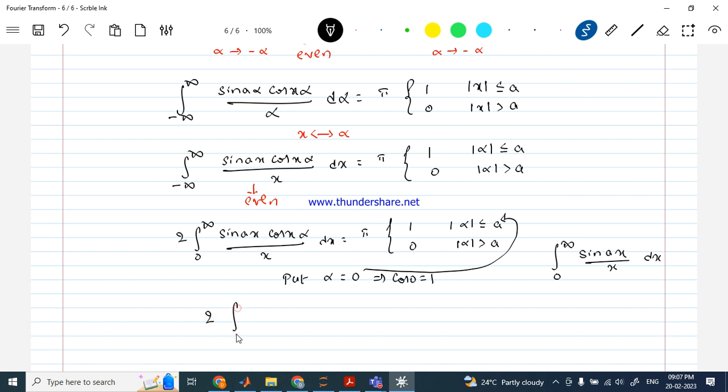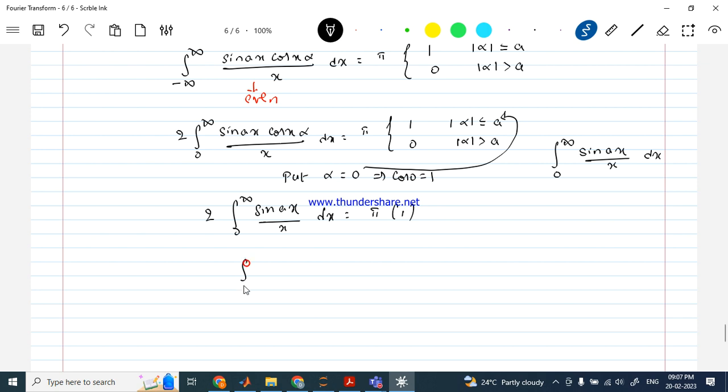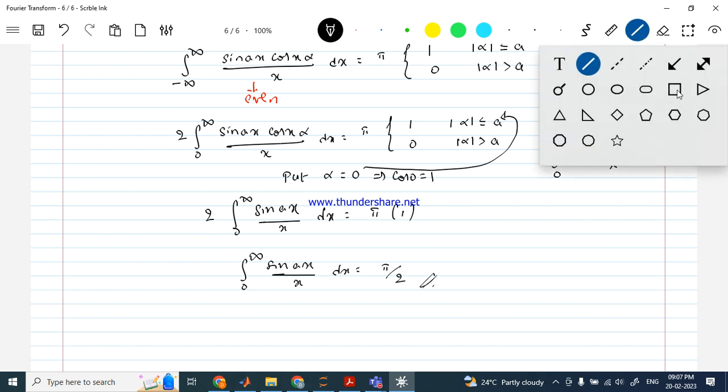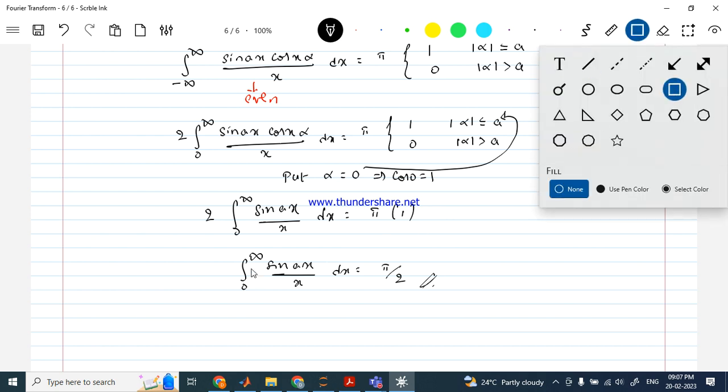So it is 2 times integration 0 to infinity sin(ax) by x dx, which is pi into 1. So the answer is integration 0 to infinity sin(ax) by x dx equal to pi by 2. That's all. This is the required answer.